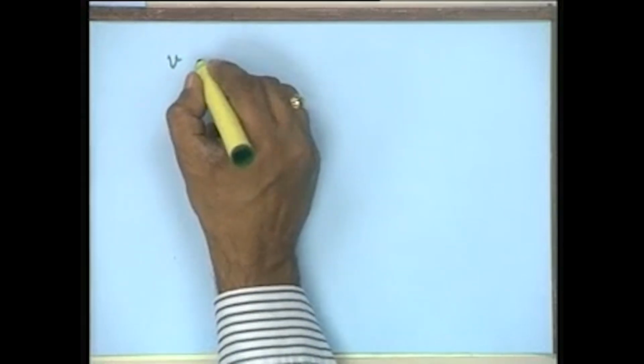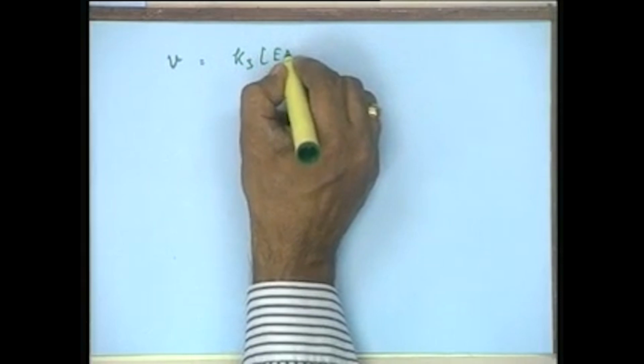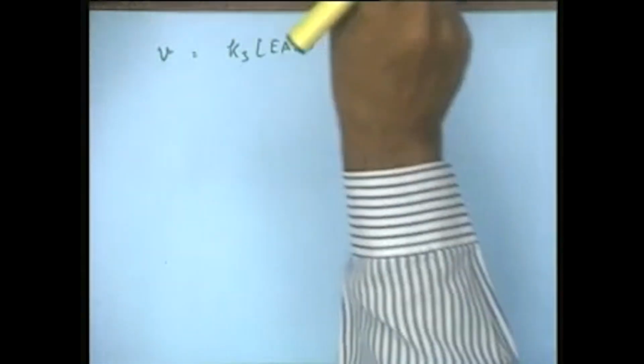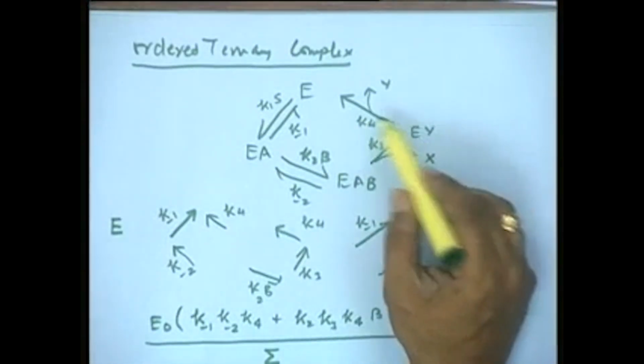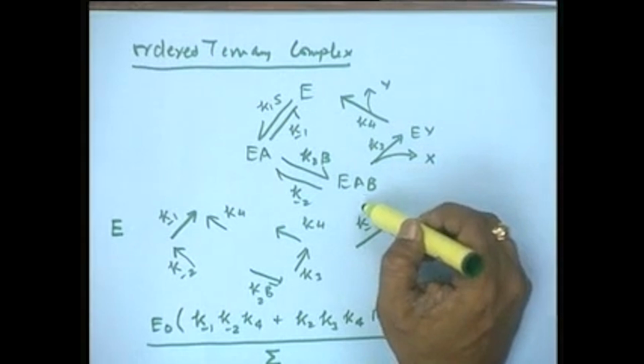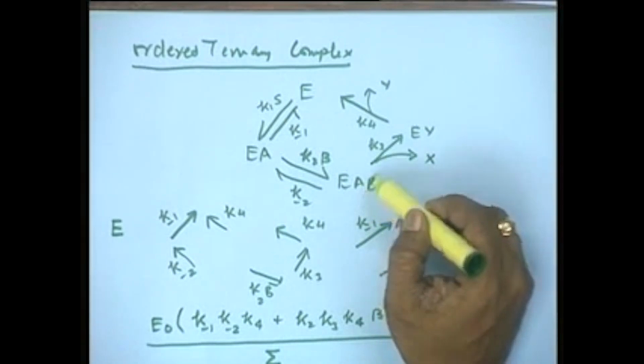Now, from this you can write down your rate of reaction as equal to K3 into EAB. If you look at the original rate expression, the product is being formed; you can have either K4 into EY or K3 into EAB. Both reaction rates will be identical.